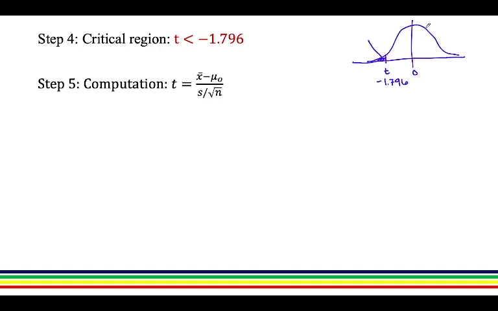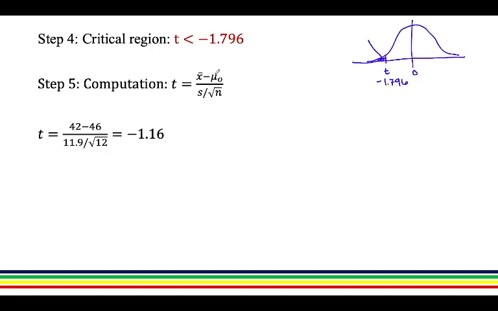The next step here is to compute the value of t, and it is denoted by the formula x bar minus mu 0 over s divided by square root of n. X bar here is the sample mean, which is given in the problem. Mu here is the population mean, S is the standard deviation, and n is just the number of samples.